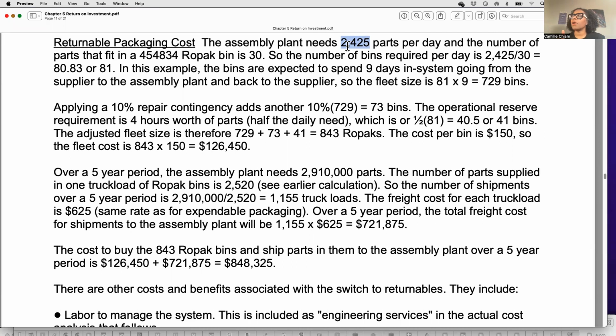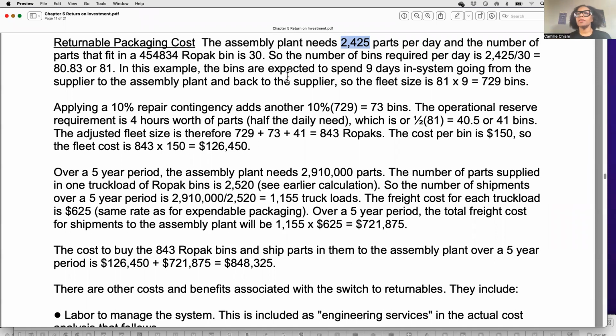And then we also know that the number of parts that fit in the roll pack was 30, because that pack was the same footprint, length and width, but it was a little bit taller. So we know we can get more parts on the truck and everything with this returnable bin. But again, that 45 by 48 by 34 roll pack bin, you can get 30 in there.